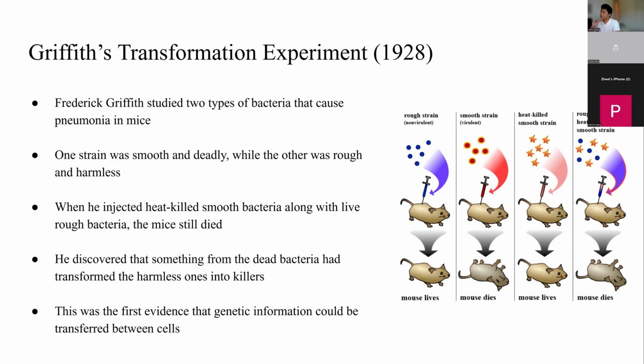And this is the first experimental evidence that genetic information could be transferred between cells. And this started a series of experiments where we wanted to know what that genetic information is.